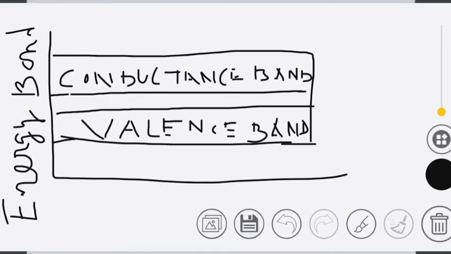Now let's talk about the conductor band diagram. So this is the energy band diagram of conductors. Here we can see this is the valence band and this is the conduction band, and they overlap in this area.